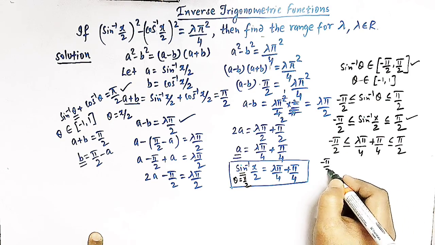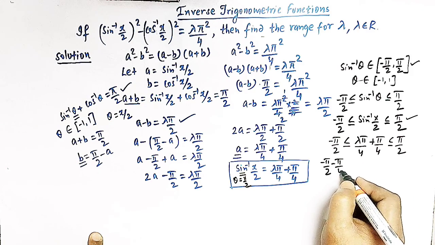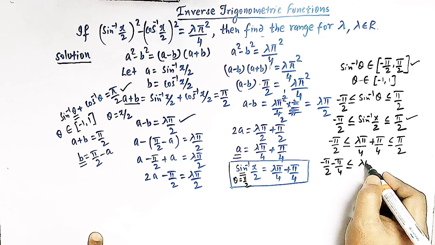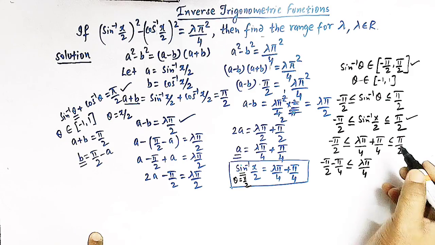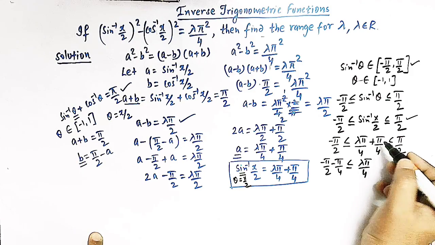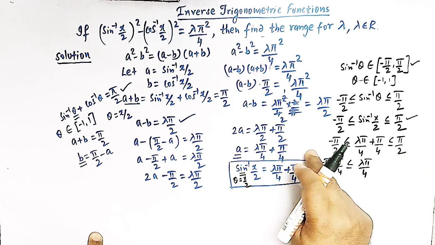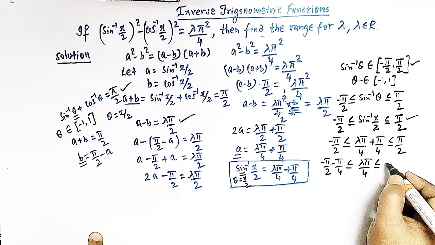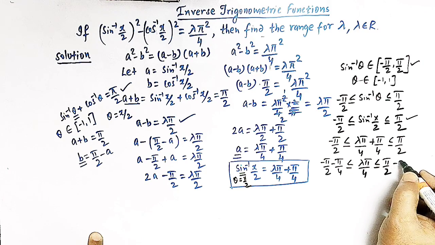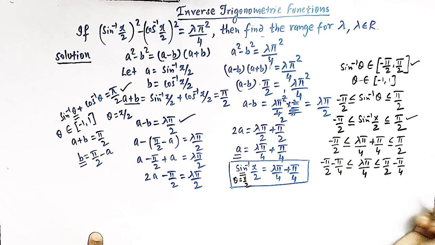So we have minus pi over 2 minus pi over 4, and here we have simply lambda pi over 4, because pi over 4 gets cancelled as we are subtracting pi over 4 throughout, and here we have pi over 2 minus pi over 4.